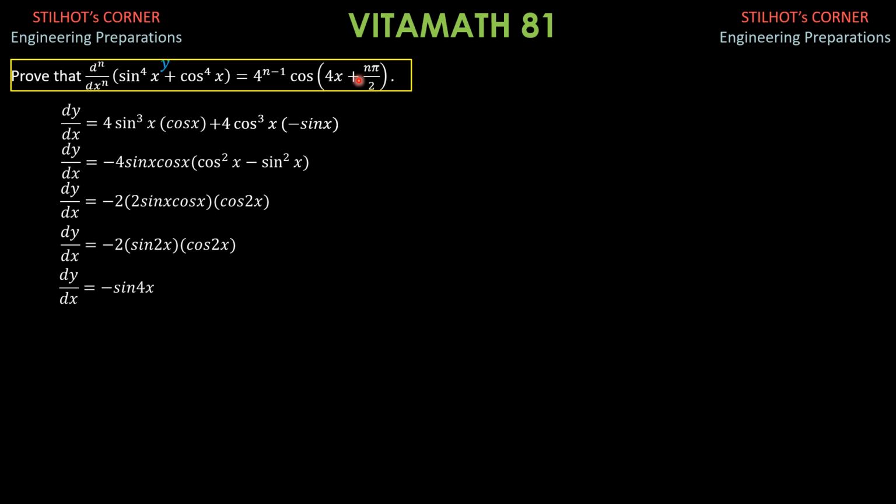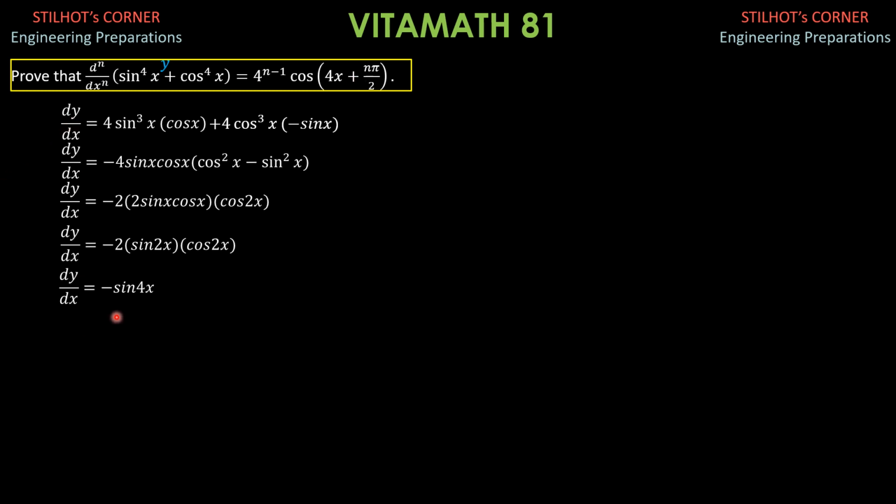Then the other expansion, minus sine 4x sine of pi over 2, and sine of pi over 2 is 1. So that would be negative sine of 4x. So that's why the result here is negative sine 4x, which shows that this is true for the first derivative.